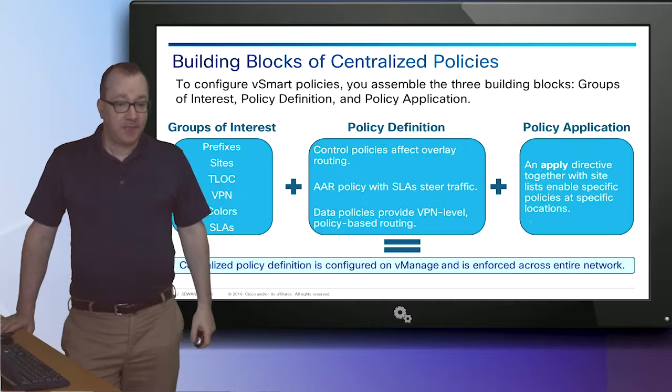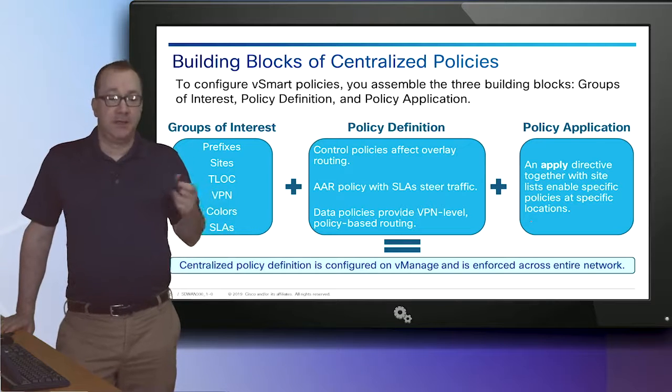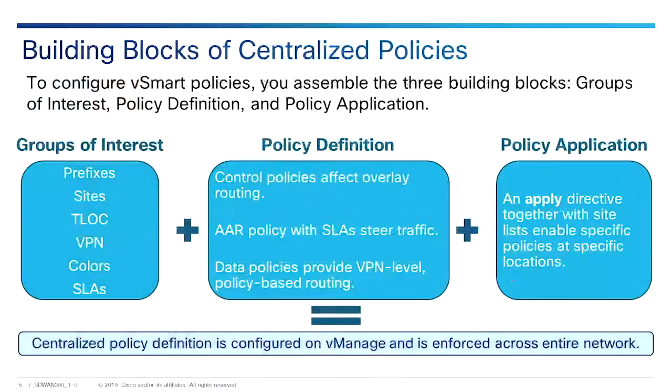We also have policy definitions that control other aspects: VPN membership for limiting the scope of traffic to specific VPNs, or a CFlow flow monitoring template, where we look at the traffic flow itself and make a determination from there.